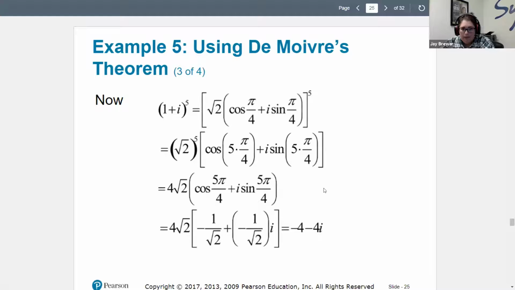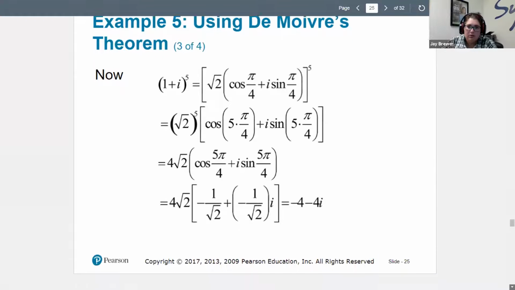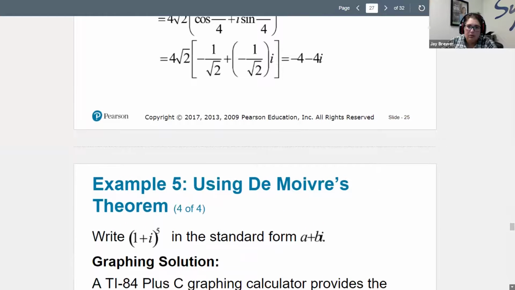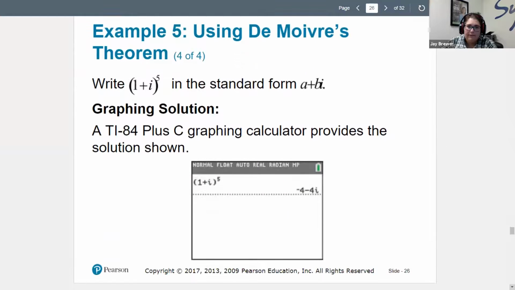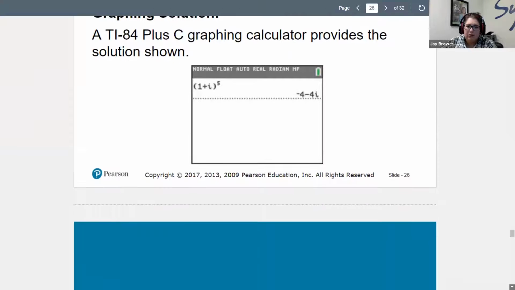And then once you work everything out, you end up getting -4 minus 4i. This is showing you that some graphing calculators can go ahead and give you the output. You can try it with your calculator. If your calculator has an issue with it, I'm sure you can also use an online calculator.